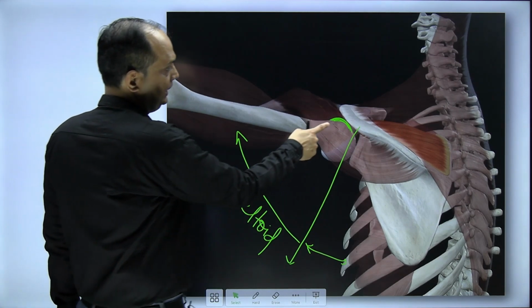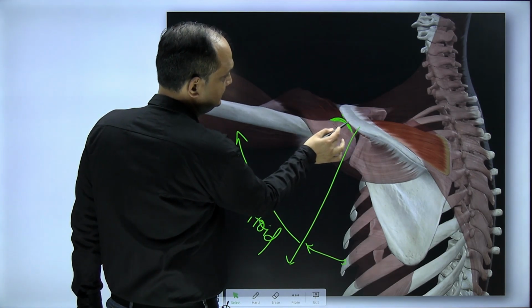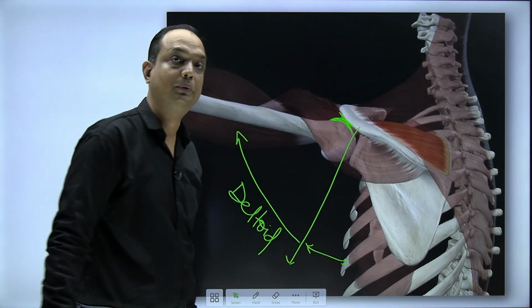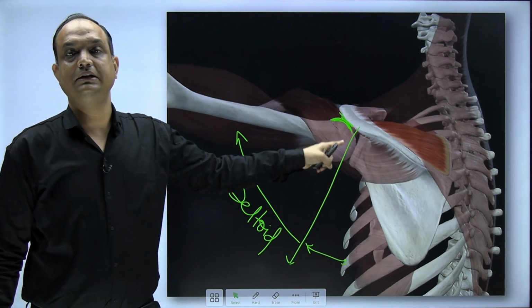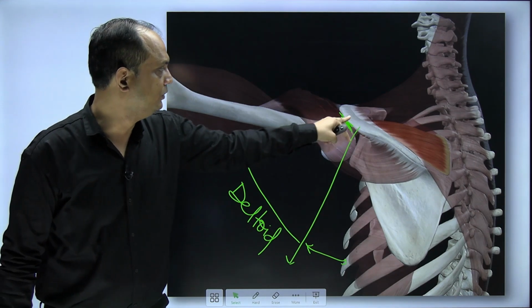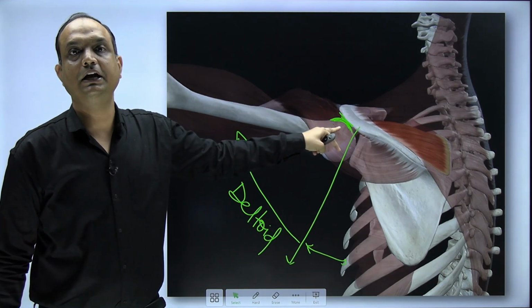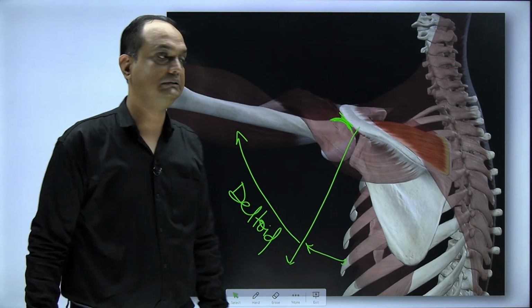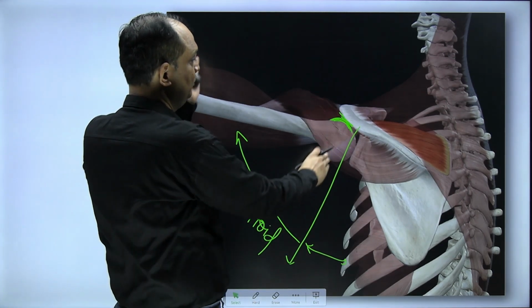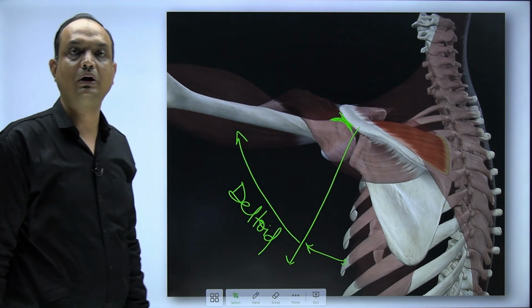Now this greater tubercle hits the under surface of the acromion process, and because of this impinging, or contact between the two bones, the greater tubercle of the humerus and the under surface of the acromion process, the humerus is no longer going more laterally.